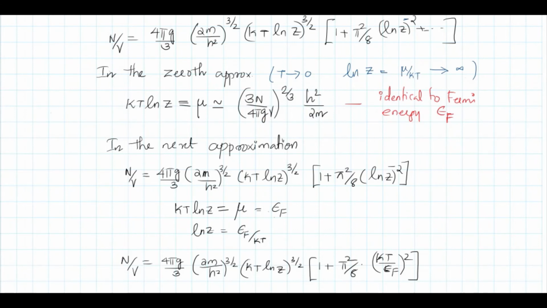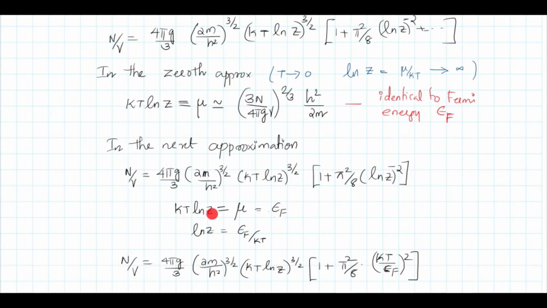Okay, in the next approximation, we have to keep one more term, this term. Then n by v becomes 4 pi g by 3 2m by h square raised to 3 by 2 kT log z raised to 3 by 2 into 1 plus pi square by 8 log z raised to minus 2. Okay, kT log z is the chemical potential, and you can call it the Fermi energy when T tends to 0.